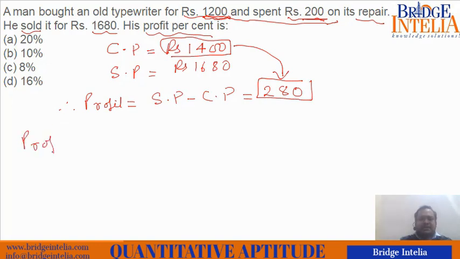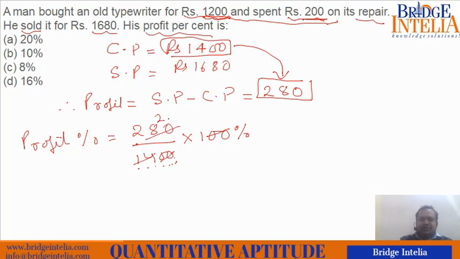So profit percentage would be equal to 280 upon 1400. I invested 1400 rupees, and because of my investment I have earned 280 rupees. So 280 is what percentage of 1400? The answer is 20%.